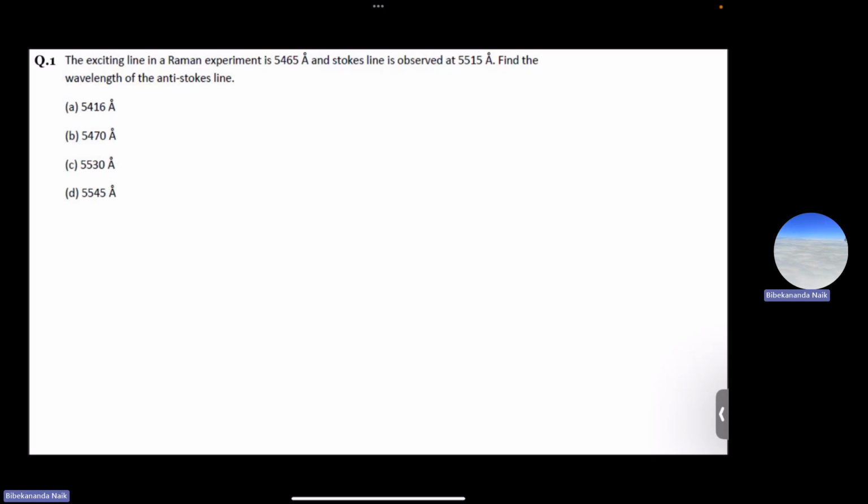Now, what the question says: the exciting line in a Raman experiment means this corresponds to the Rayleigh scattering, because it is the light which was used to excite the liquid molecules. So the wavelength of the exciting line is 5465 Armstrong.